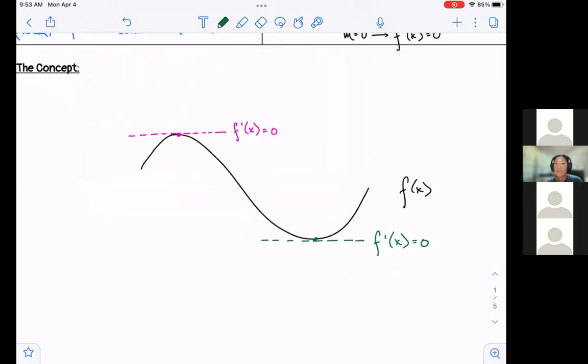So that's going to be the important part for us today, right? That at a maximum, we have a slope of 0. At a minimum, we have a slope of 0. But I'm wondering if someone can tell me what the slope is to the left of this maximum point. Describe to me the slope on the left-hand side.